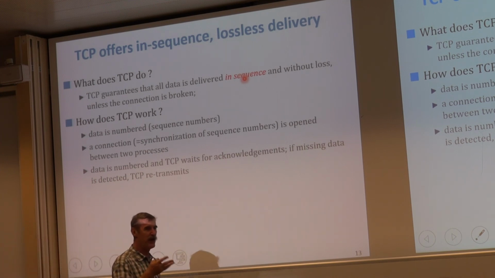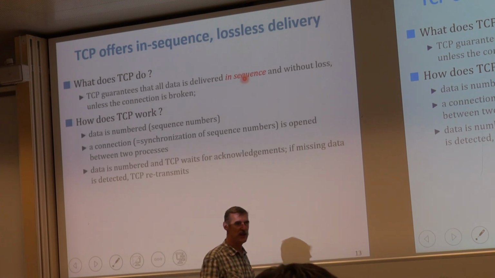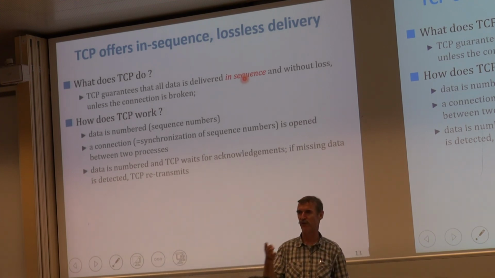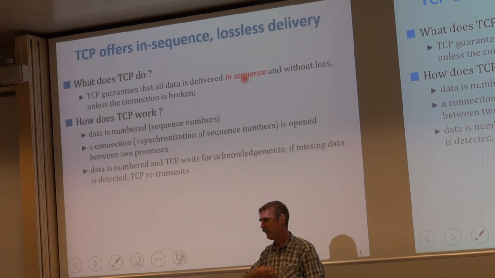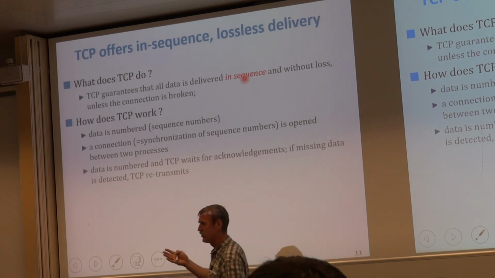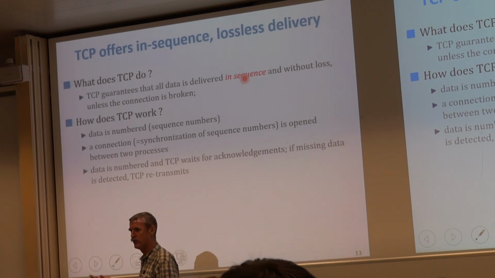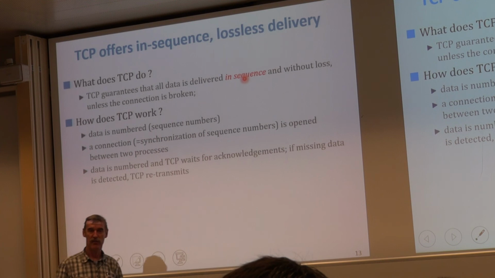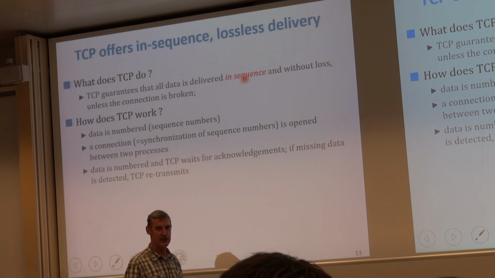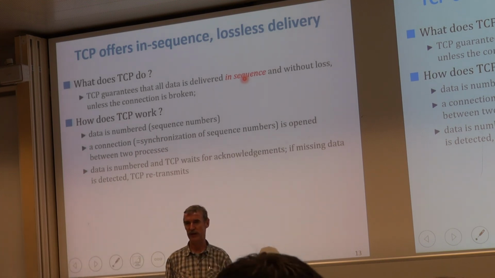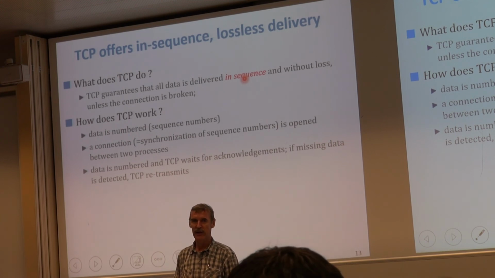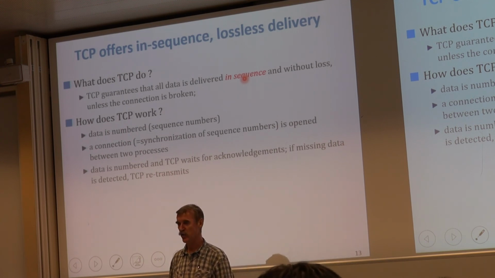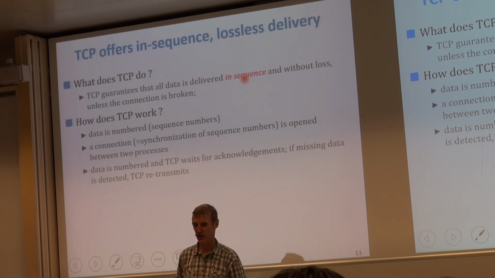For example, if you cut the Ethernet link between a web server and the rest of the world, if that happens in the middle of a TCP connection, then it's impossible to repair the losses, right? The thing is no longer connected. So there might be losses that are impossible to repair, but anything that is possible to repair will be done by TCP.